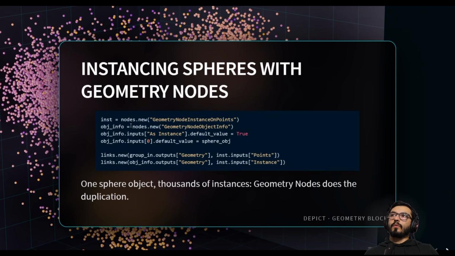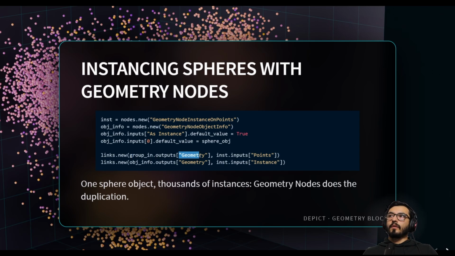Then what we need to do is just link these two nodes. For that we will use links new, and we will link the output geometry of the group input of the usual geometry nodes set. When we open the geometry nodes, we will have a group input and group output. This will be the group input, so the geometry that we will have, which is actually our mesh.